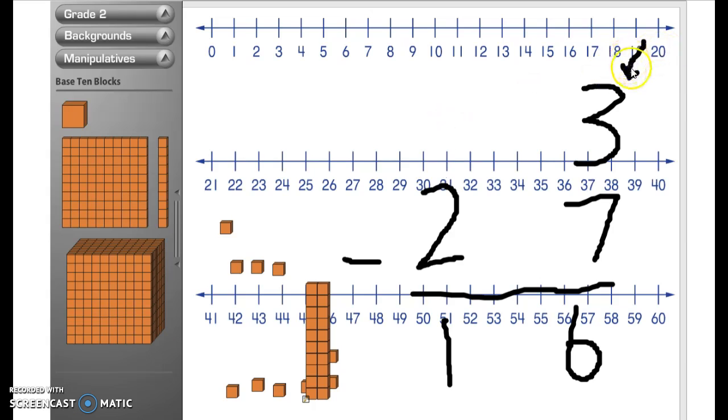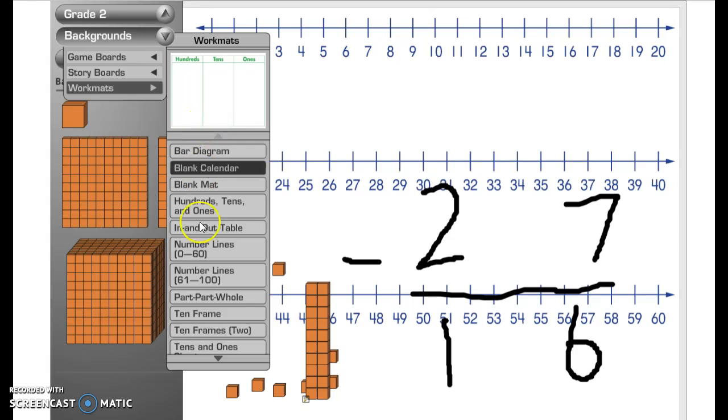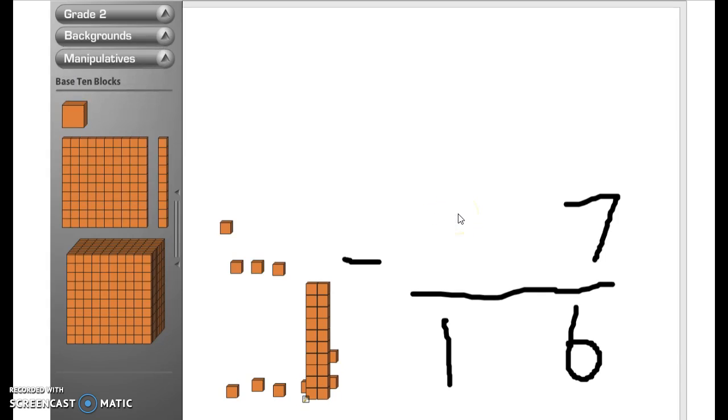All right, so actually I think I want to use a plain background so I can draw my own. Let's look at a blank mat so that I'm able to draw my own number line. And let's look at this on the number line where we can once again find the difference between the 2 numbers. All right, I think that'll give us enough room.